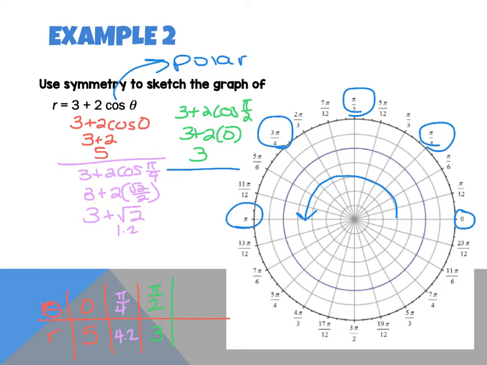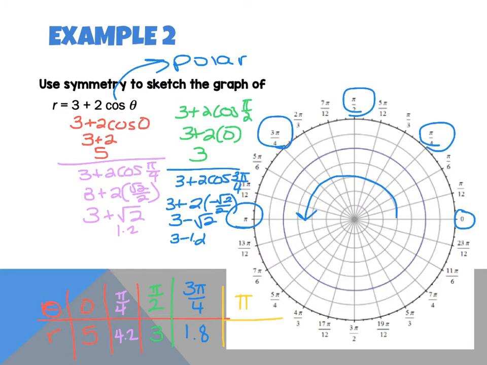And then I'm going to go to 3 pi over 4. 3 plus 2 cosine 3 pi over 4, which is 3 plus 2 times negative root 2 over 2. 3 minus root 2, and we're saying root 2 is like 1.2, sorry, so this would be like 1.8. And then the last one I'm going to plot is pi. 3 plus 2 cosine at pi, which is negative 1. 3 minus 2, which is 1.